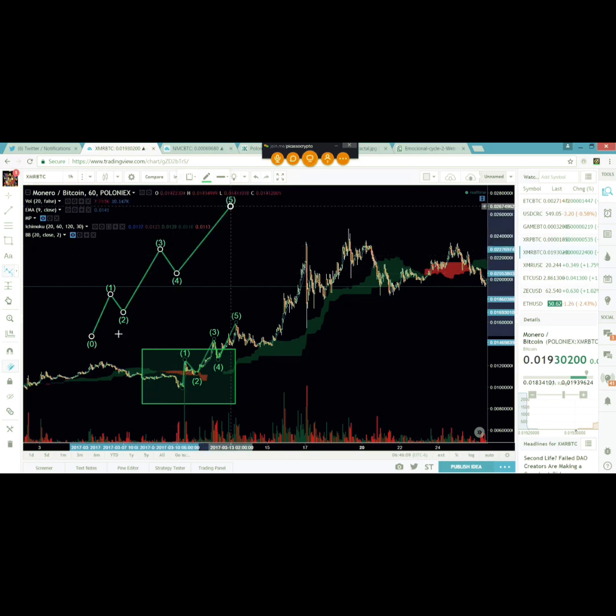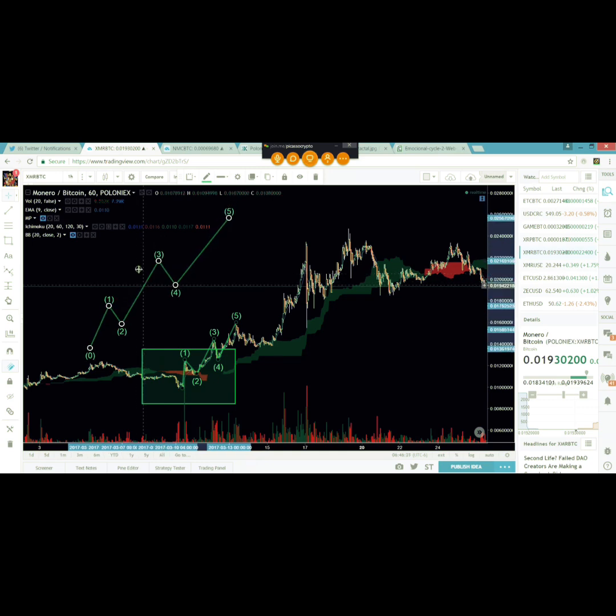If I give a signal and I say let's get in, let's say here at a number 2 point, and the price goes here and then comes back down a little bit, people will be like, oh, the trade's still good, or maybe they bought it too late and it comes back down to the entry and they got in and out, and they say, oh, is there something wrong with this trade? It's just because people don't understand that things don't just go to the moon. You know what I mean?